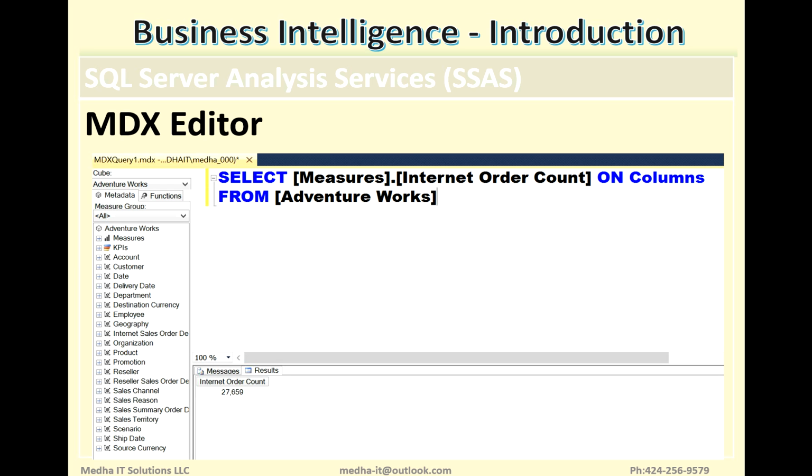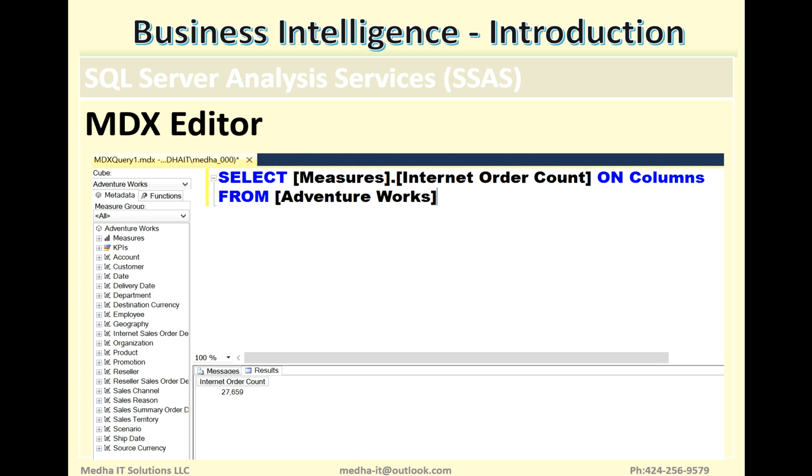So sorry for that. MDX editor is used for writing multidimensional expression queries. So they are SQL-like queries which are interpreted differently; though they look like SQL, they behave differently. Okay, but MDX is used to query analysis services cubes. Similarly, we talked yesterday that DAX is used to query the tabular model, right?